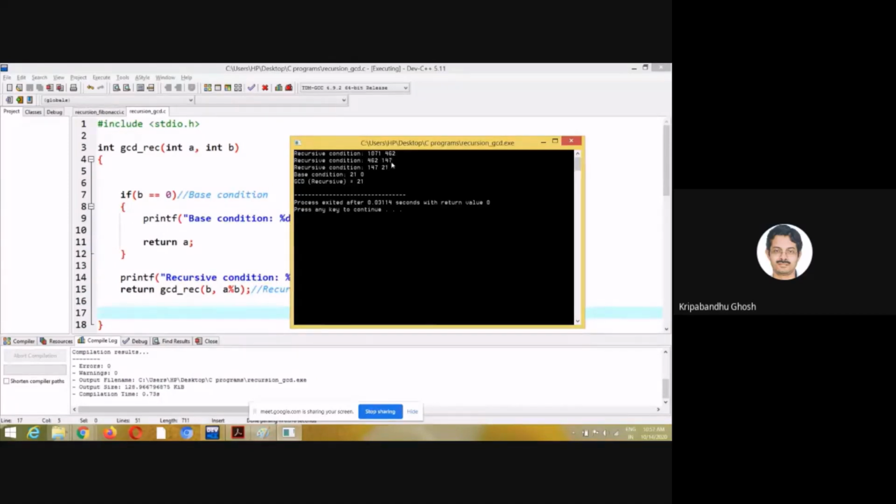Then again this goes on. 21 is the remainder when 147 divides 462. So the remainder goes to B and 147 is A, right? At this stage only, I can see that 21 divides 147.